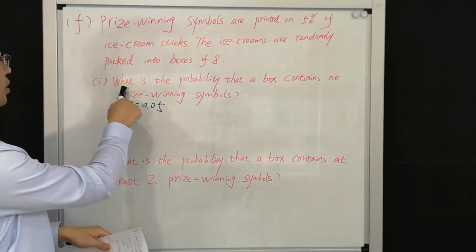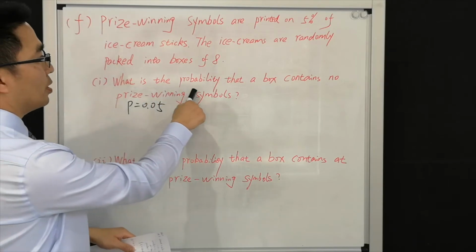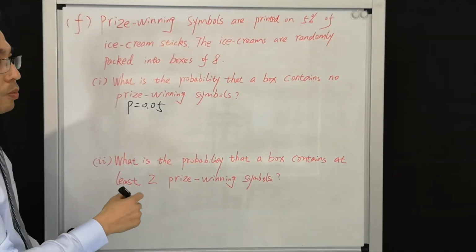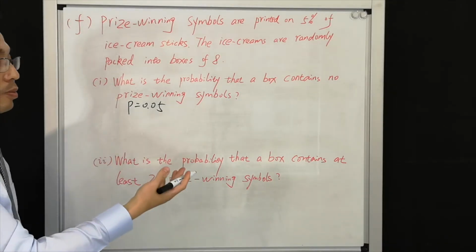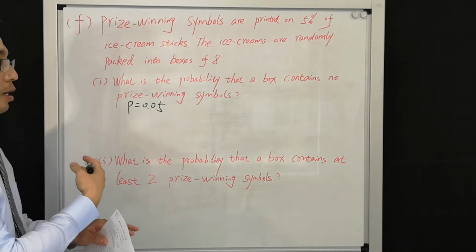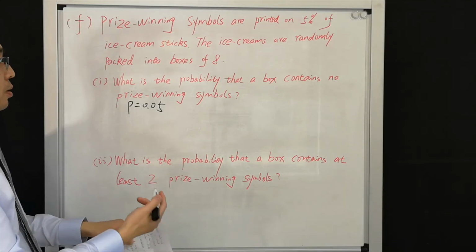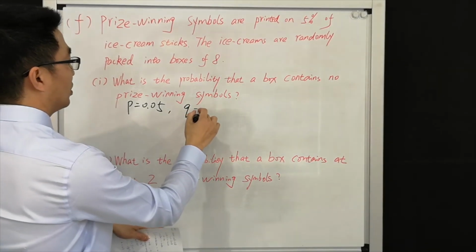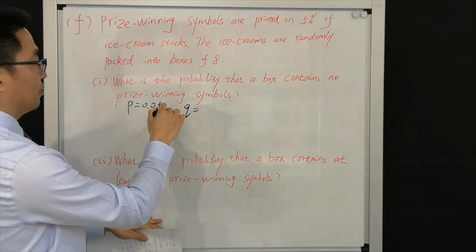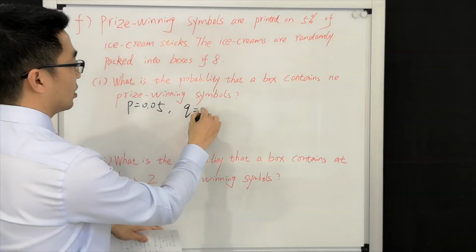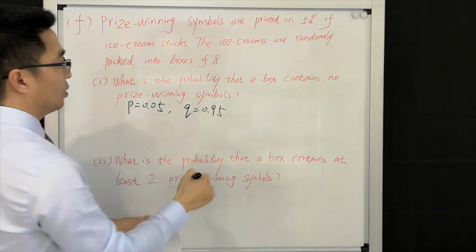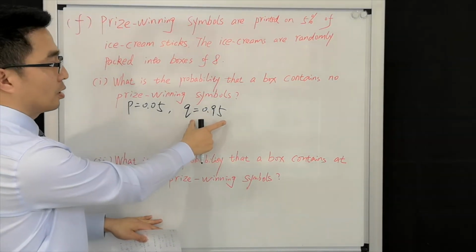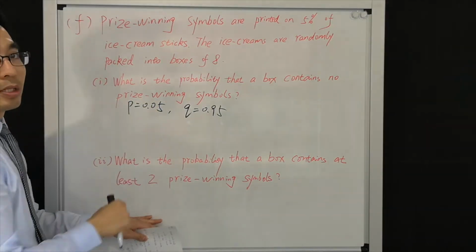So the question, question 1, is what is the probability that one box contains no prize winning symbols, which means all the ice creams in one box have no symbols at all. So the unsuccessful probability is 0.95, which means the probability of one ice cream stick not getting any prize winning symbol.